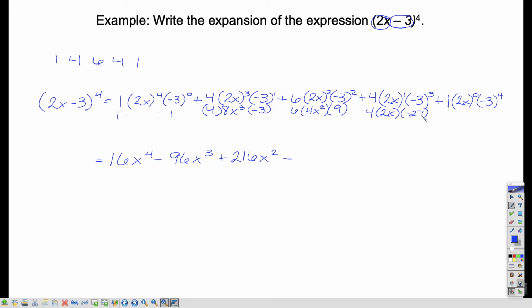You mean 8? Oh, I added. 8, yes. 54 times 4, it's still 216. So negative 216 x. Now, that is not always going to happen, that they're the same. Got it?